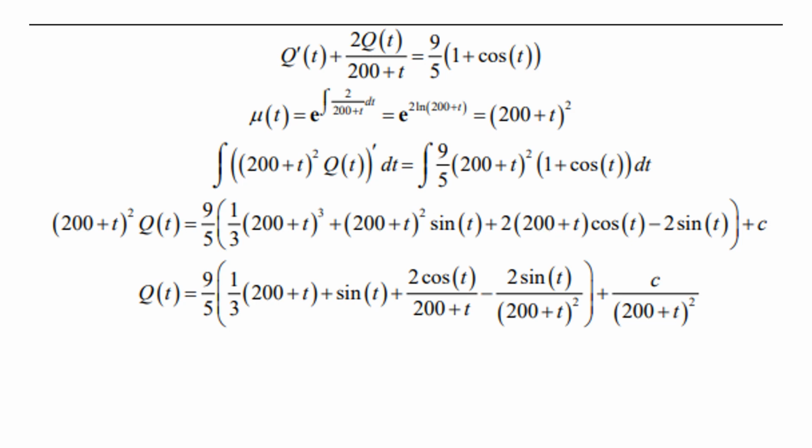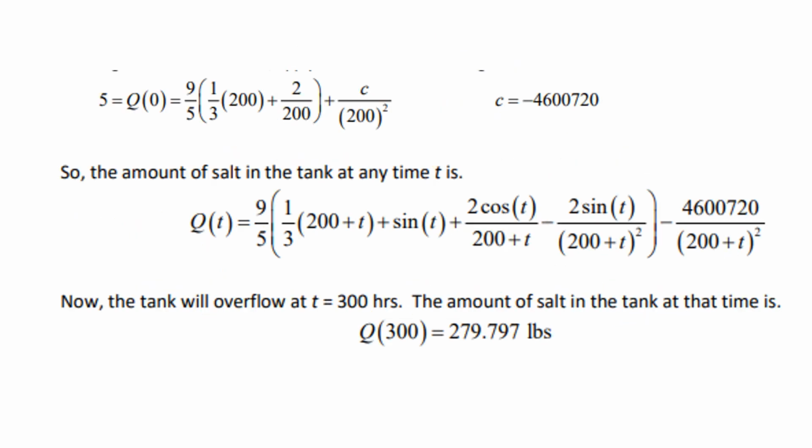And now we're ready to use my initial condition. My initial condition here I substitute in and I get C is this number. So the overall equation, the amount of salt in the tank at any time t, is given by that expression with the new C substituted in.